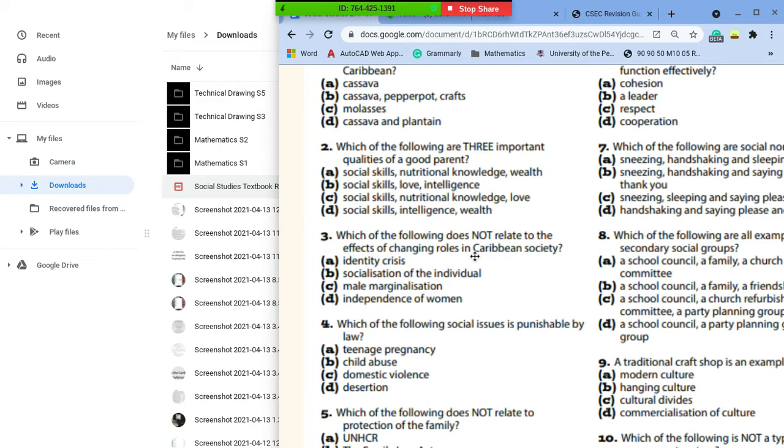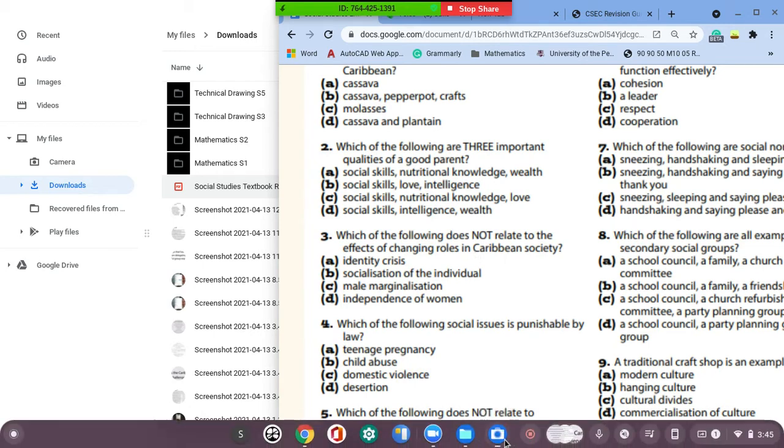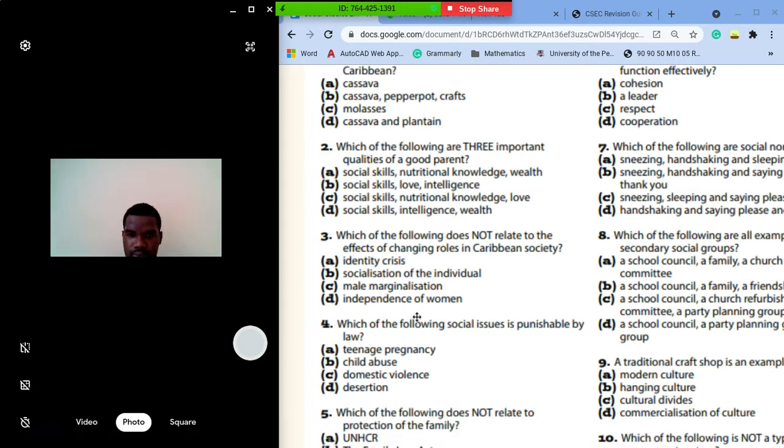So that person was not growing around friends, or they just simply did not get that amount of social activity as they should. Could that lead to the changing roles you see in society with males and females in the workplace? No, it couldn't. Right? Being antisocial doesn't relate to the effects of changing roles. Alright, so the answer would be B.